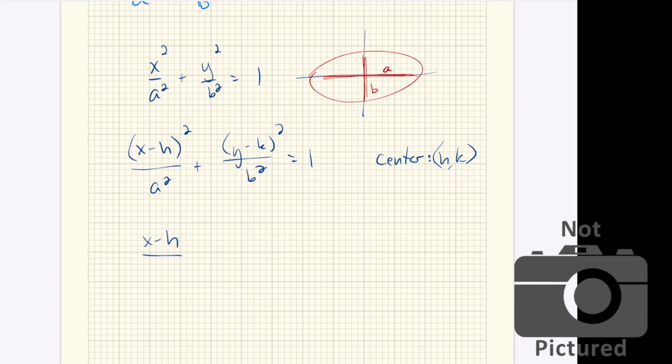In what sense does a line have a center? What would it look like if we have (x minus h) over a plus (y minus k) over b equals 1? What does it matter to have a center of the line? Is the center of the line a point on the line? Because the center of the ellipse is not a point on the ellipse, right? So that's a question I'm going to leave you with.